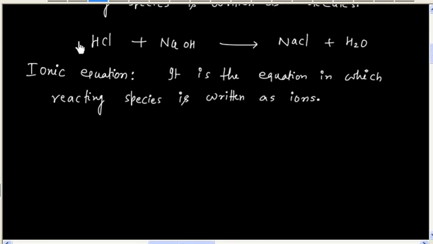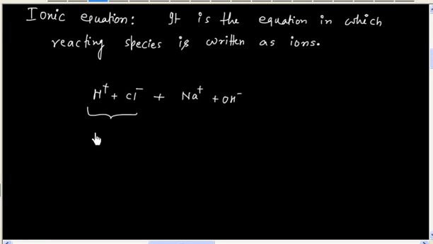For example, for the above molecular equation, we can write HCl as H plus Cl minus, NaOH we can write Na plus OH minus, and this we are writing because HCl is a strong electrolyte.